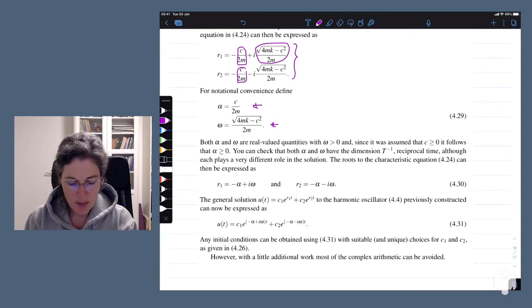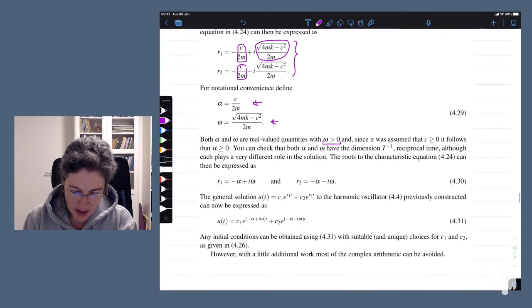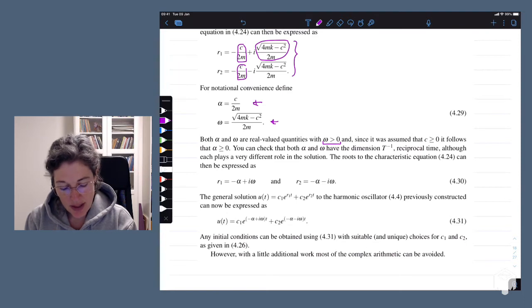Alpha is coming straight from c and m, which are both real, and in fact omega is also only includes m, k, and c, which we've already said are all real. And we know that omega is bigger than 0. And in fact, because we assume that our damping is bigger than 0, it follows that alpha is bigger than 0. And you can do a little check, but omega and alpha both have dimensions of inverse time, so per second, if you want to think about it like that.